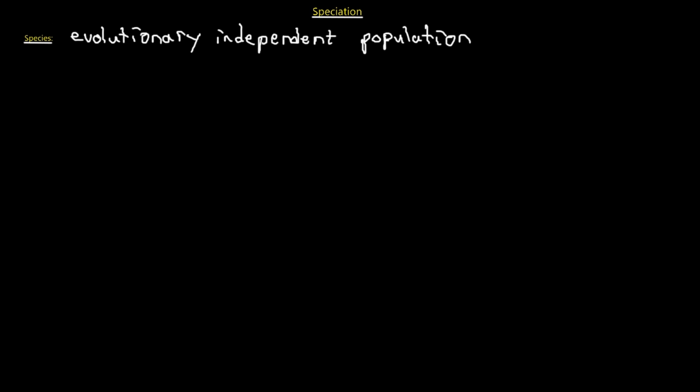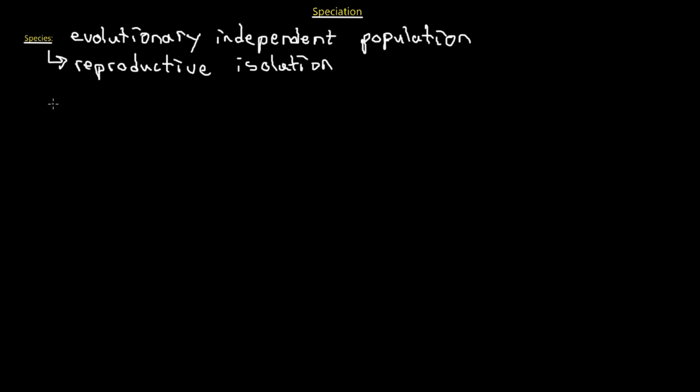So first, before we talk about speciation, we should define species. A species is defined as an evolutionary independent population or group of populations. And the key to really defining species is something called reproductive isolation. This is a very important concept to understand speciation and how it occurs, by knowing what a species is.